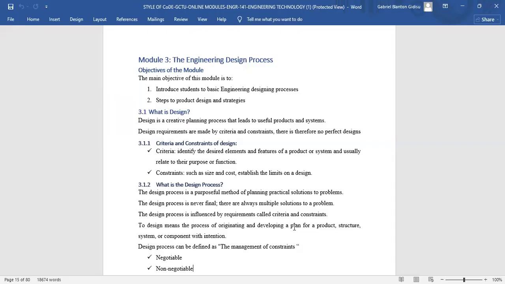So you have criteria and constraints of designs. Criteria identify the desired elements and features of a product or system, and usually relate to their purpose or function.